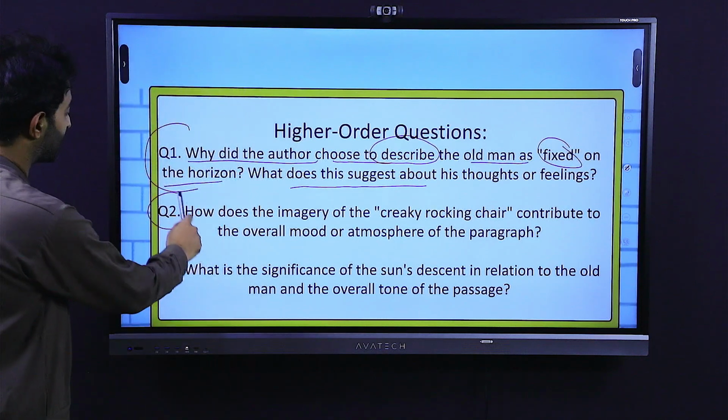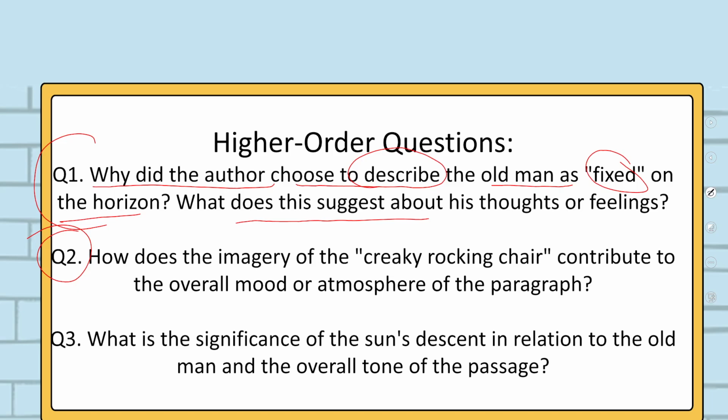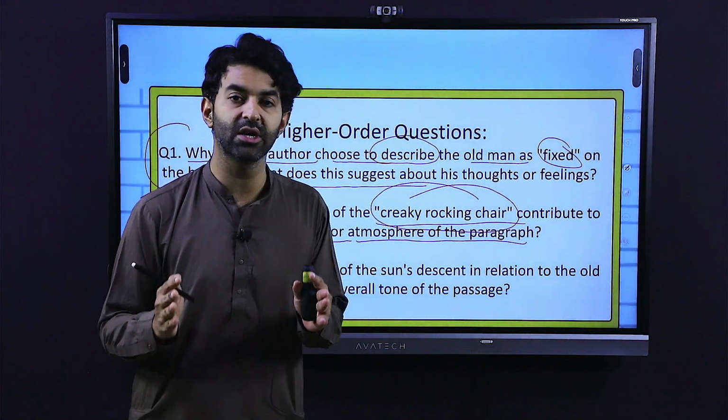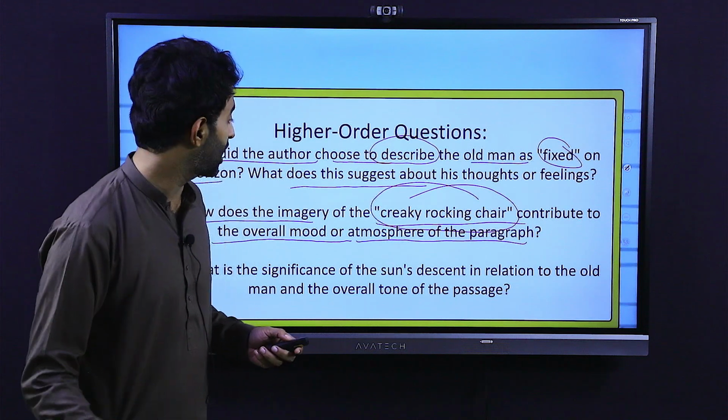We have our question number 2 over here, which says, how does the imagery of the creaky rocking chair that was mentioned in the paragraph contribute to the overall mood or atmosphere of the paragraph? Creaky means it's producing a creaky sound, just like a rocking chair does, right? Good answer.